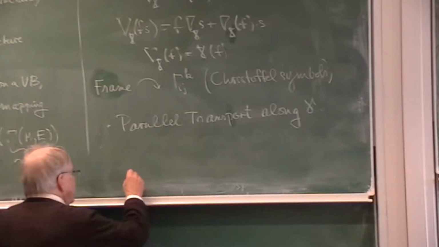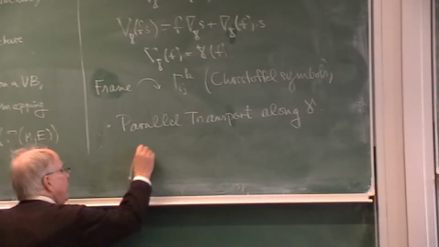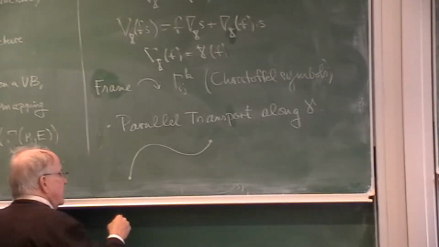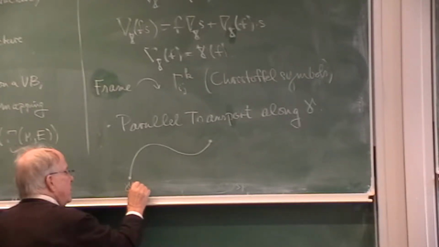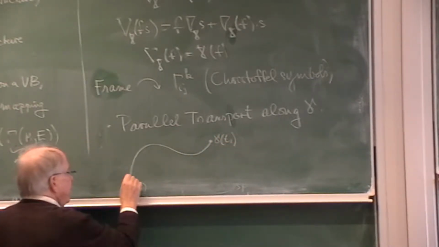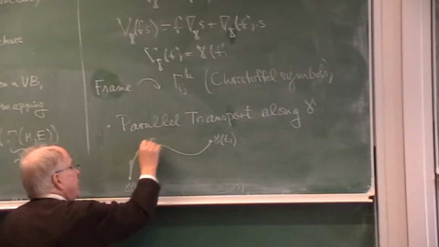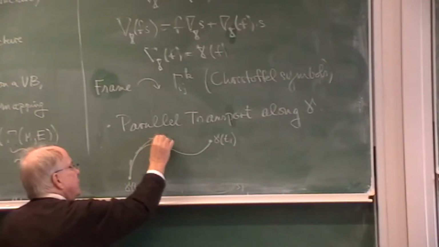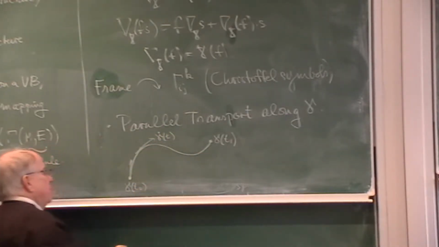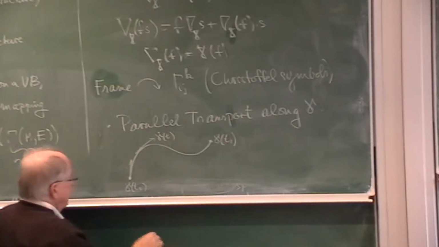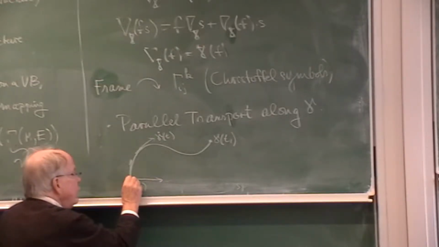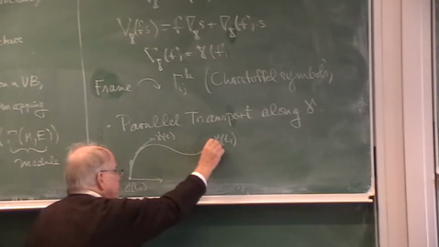And the idea is this: you have a smooth curve going, say, from a point gamma at time t0 to gamma at time t1. And you have the vector field along the curve, at least on the curve itself, which is what we call gamma dot. That's the velocity vector field. This is all in a coordinate patch, so we can calculate. And you take a vector here at the beginning, and you want to know how to translate it parallel to the end.